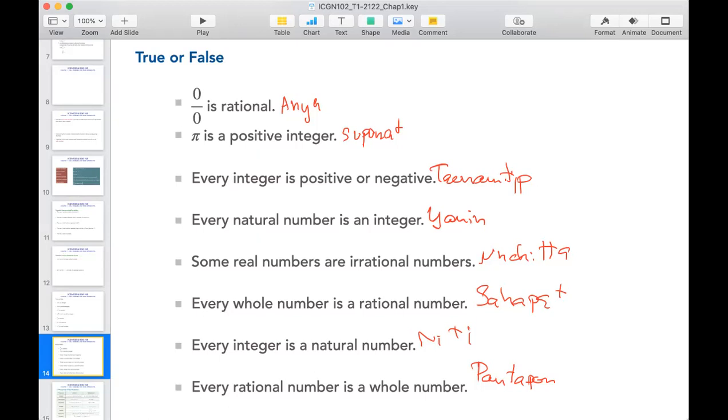But do you remember I told you that the denominator must not be 0? Because when you divide any number by 0, it becomes undefined. So this one is not rational, unfortunately.